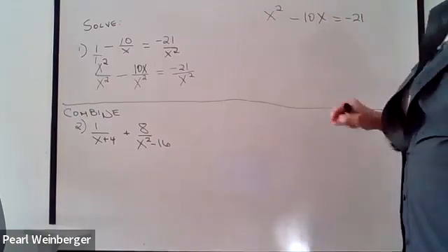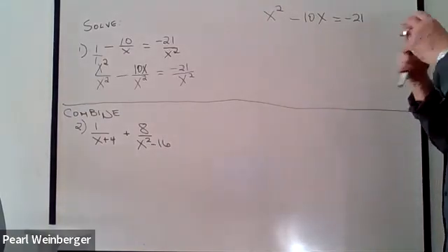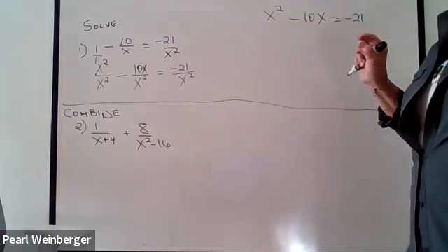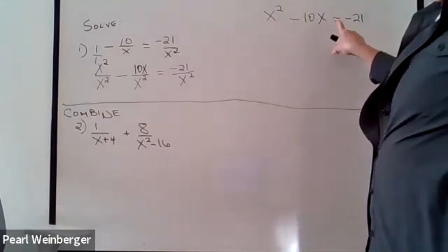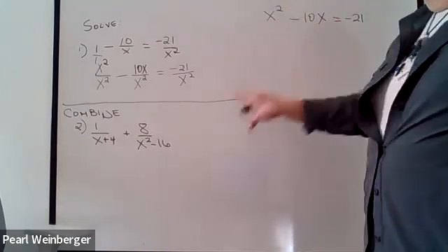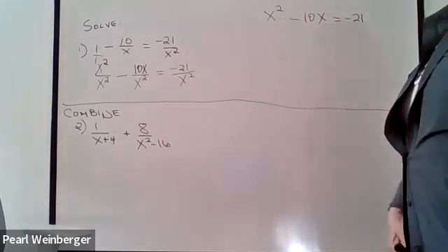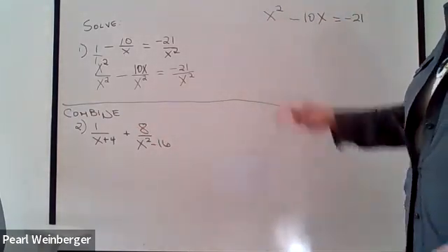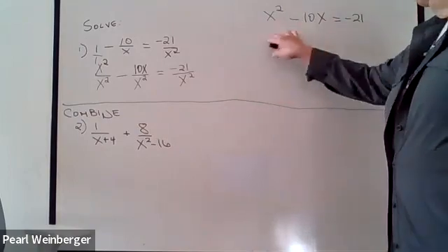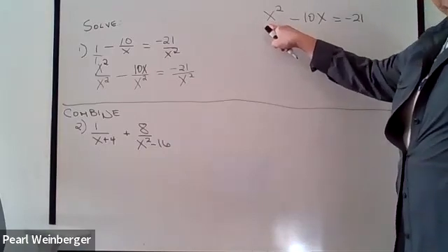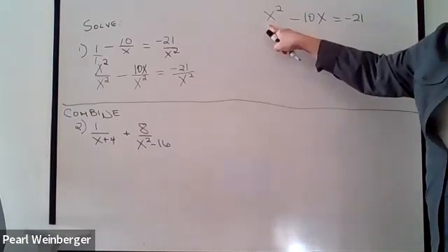By finding the common denominator, I'm able to get an equation that doesn't have any denominators at all. Remember, I can do this because it's an equation. When we have just adding of fractions, we can't get rid of the denominator, but we can when we are writing equations. Of course, this is now a quadratic equation because it has an x squared in it.